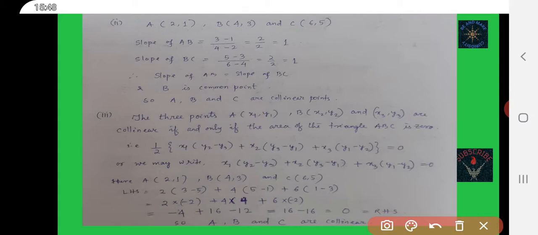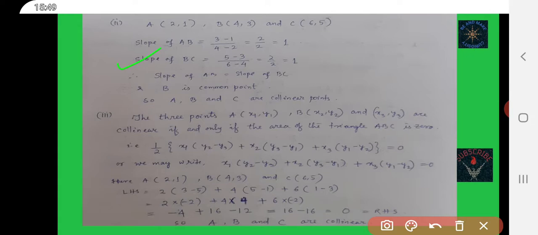So slope of AB is equal to y2 minus y1 by x2 minus x1, that is 3 minus 1 by 4 minus 2, that is 2 by 2, cancel, you get 1.